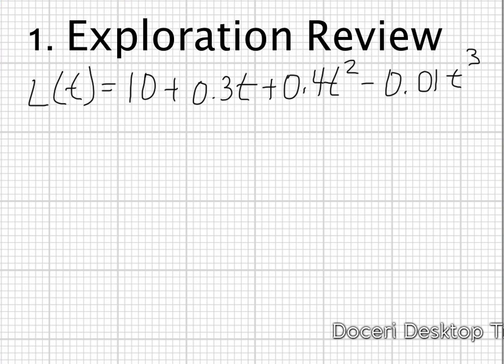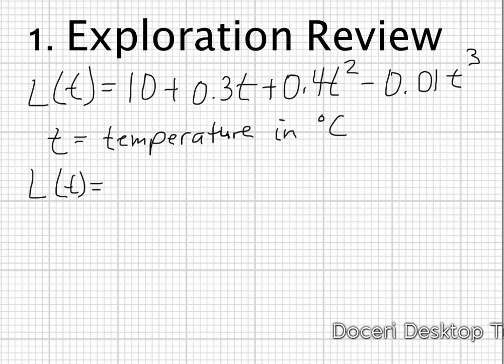So every time you have a polynomial equation, you need to remember that each thing has a meaning. So t, in this case, represents the temperature in degrees Celsius, and L of t was the amount of light emitted, or light shown from the firefly.